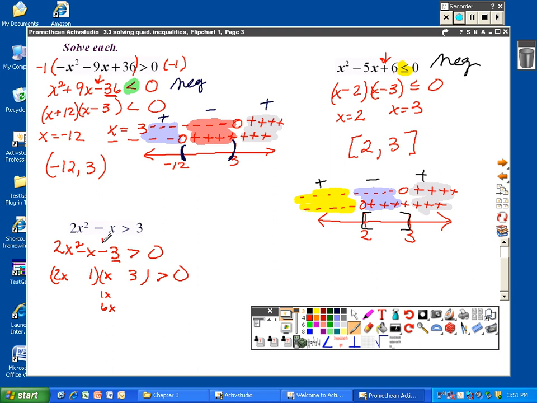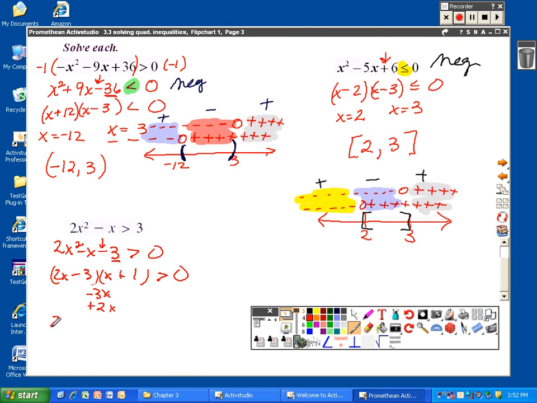Is their difference 1? No, so let's flip the 1 and 3. Inside I have 3x, outside I have 2x. Now I have a difference of 1, but I need it to be negative 1. So that's there. So first, positive is second.